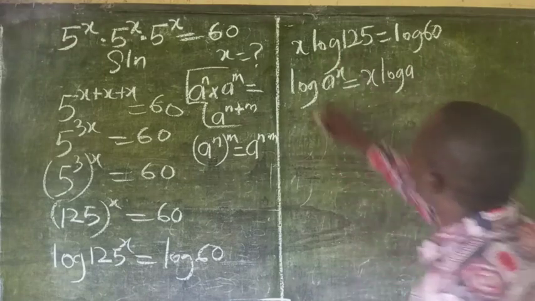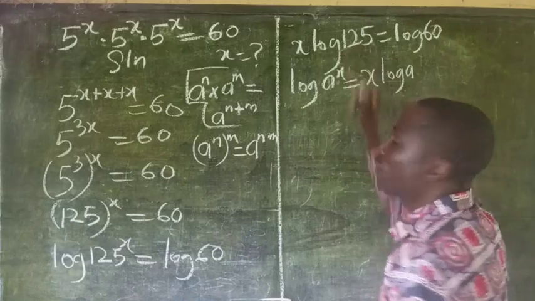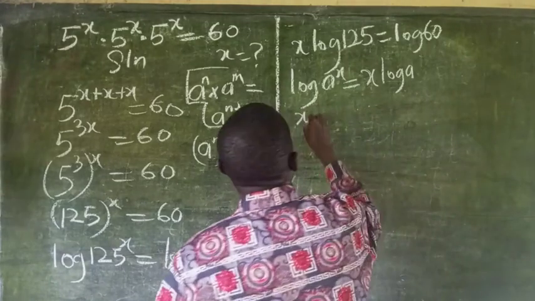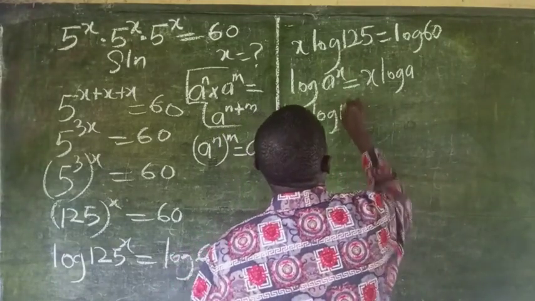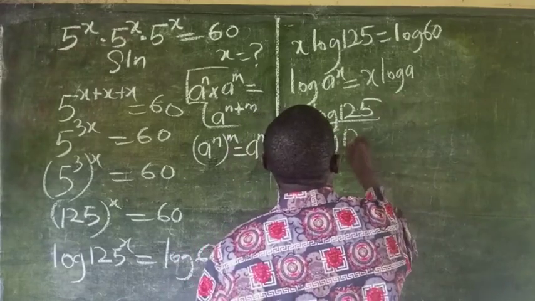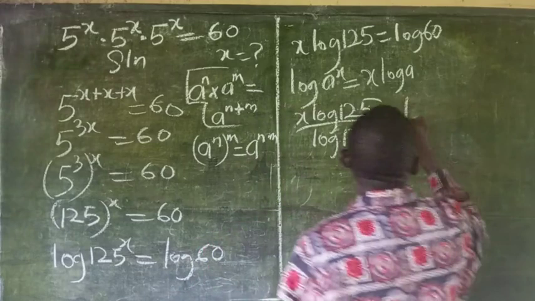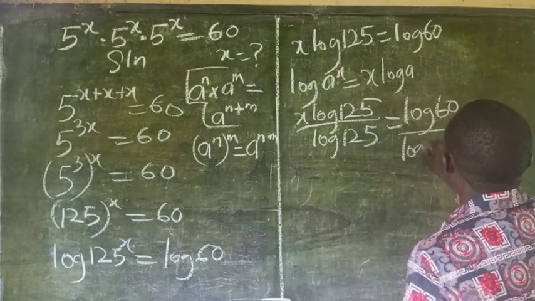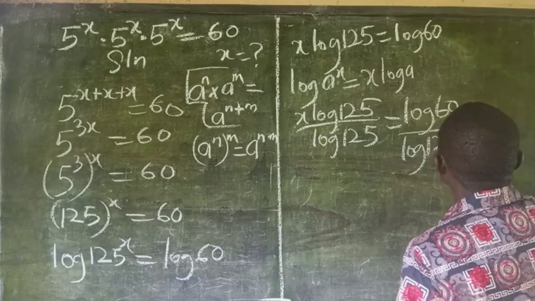Because we're looking for s, we can divide both sides by the coefficient of s, which is log 125. That becomes s log 125 over log 125 equals log 60 over log 125.